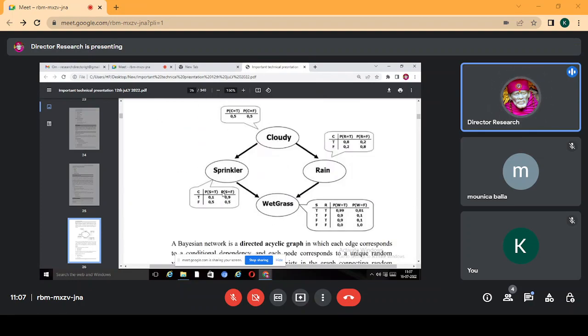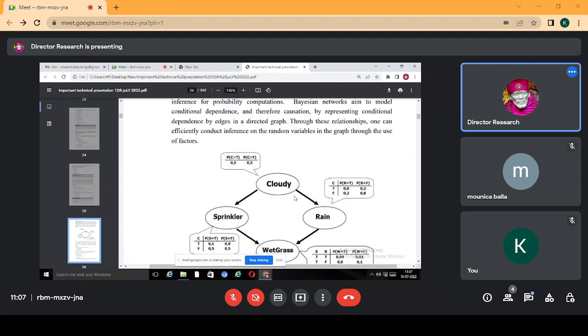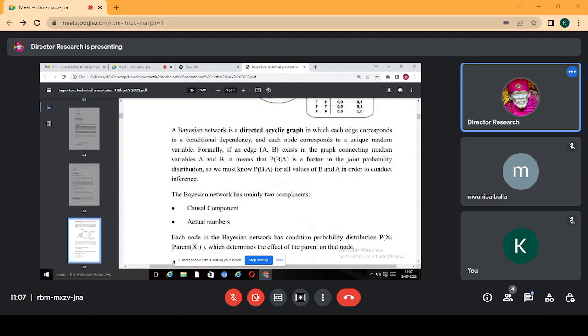Cloudy, sprinkler, rain, wet grass. Just observe the probabilities: true, true, true, false, false, true, false, false, like that. When true, what happened; when false, what happened. A Bayesian network is a directed graph in which each edge corresponds to a conditional dependency and each node corresponds to a unique random variable.